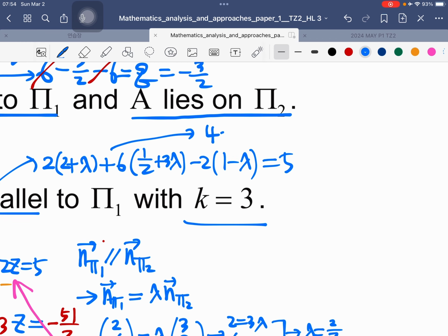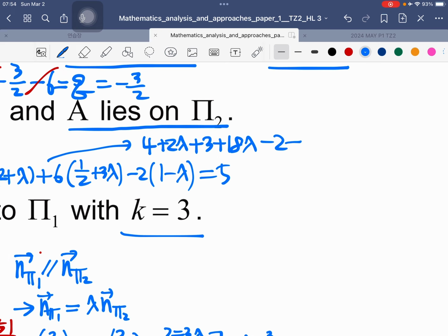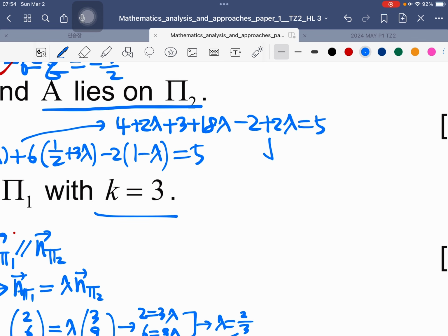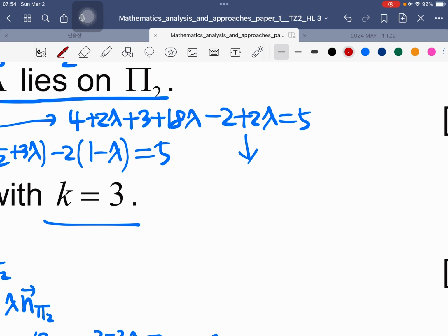Expanding, 4 plus 2 lambda plus 3 plus 18 lambda, minus 2 plus 2 lambda equals 5. So 2 lambda, 18 lambda and 2 lambda give 22 lambda on the left side. On the right side, 5 remains. Then 4 plus 3 is 7, minus 2 is 5. What is it? 4.